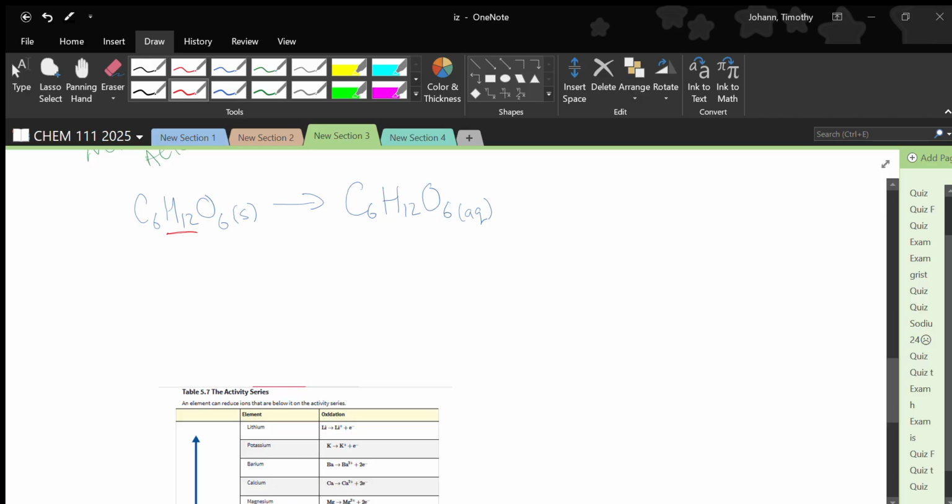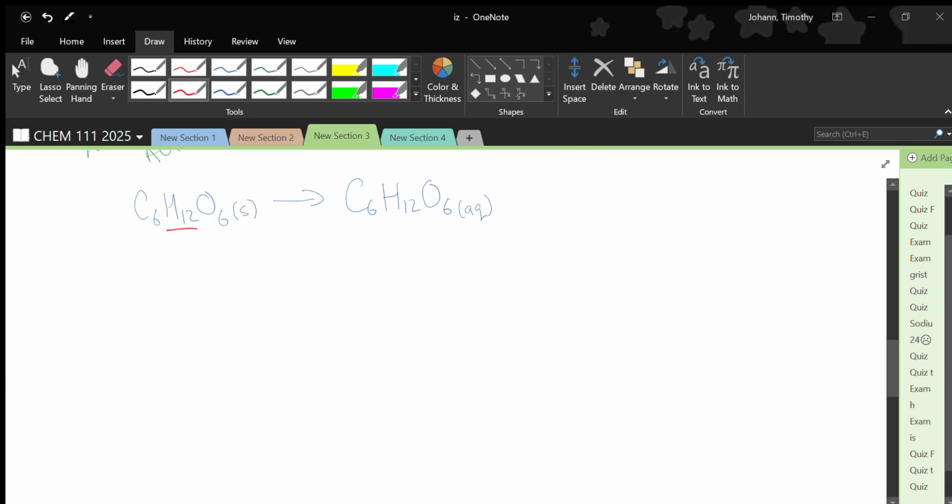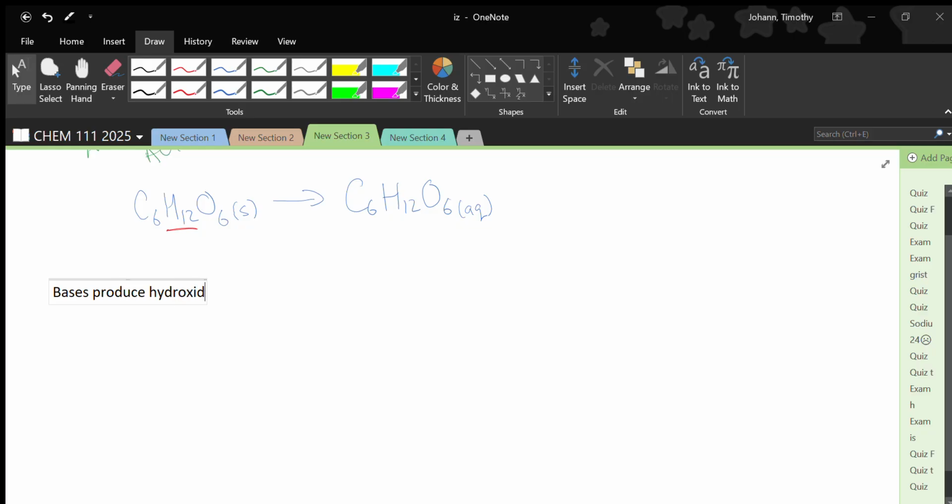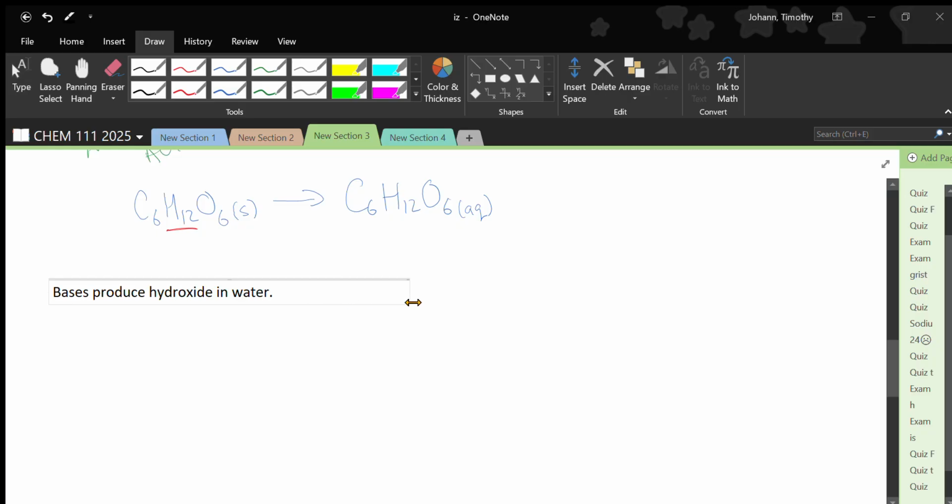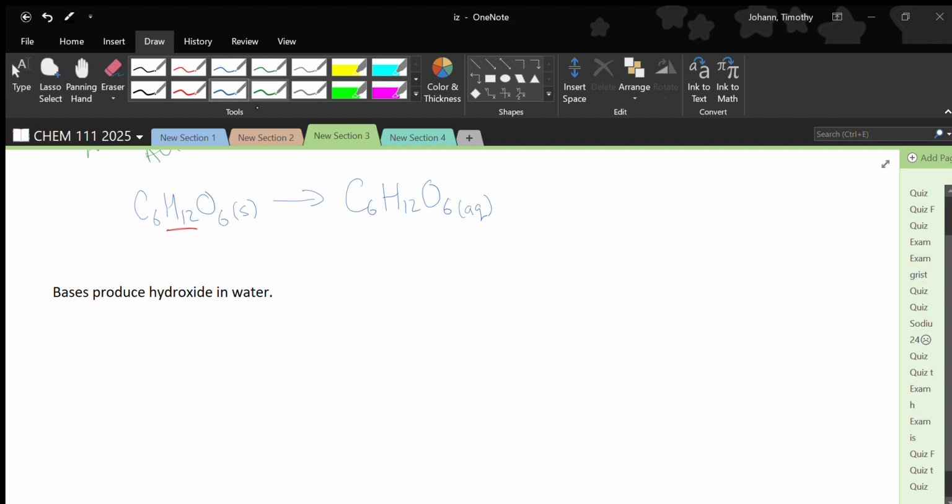Questions? Okay. Then we have bases, which are going to produce OH in water. That's called hydroxide. That's one of our ions. It's OH minus.